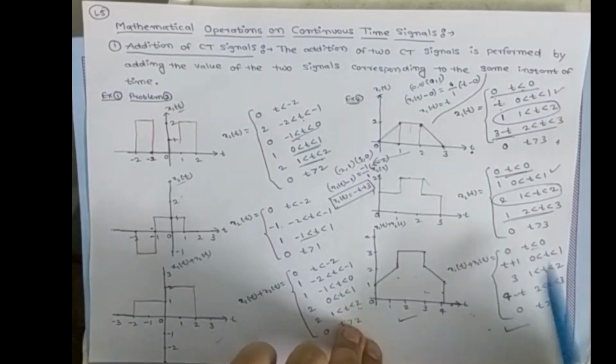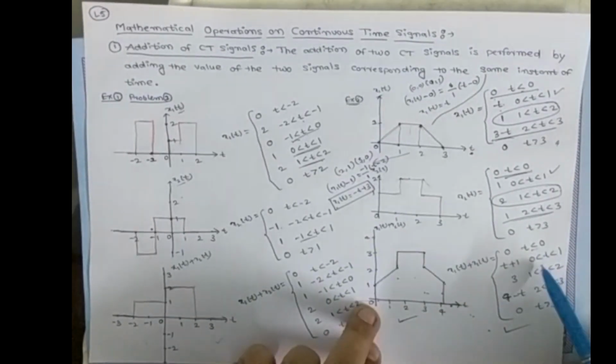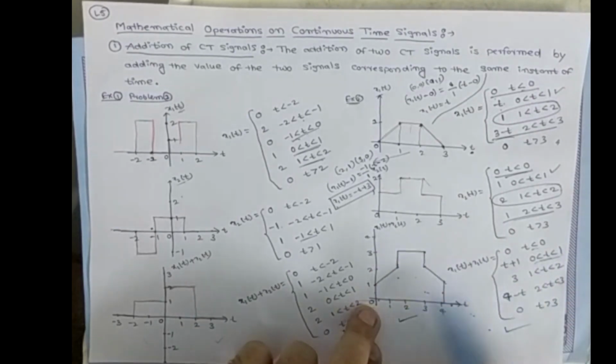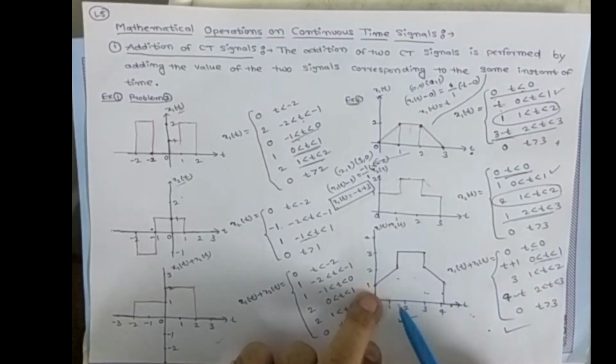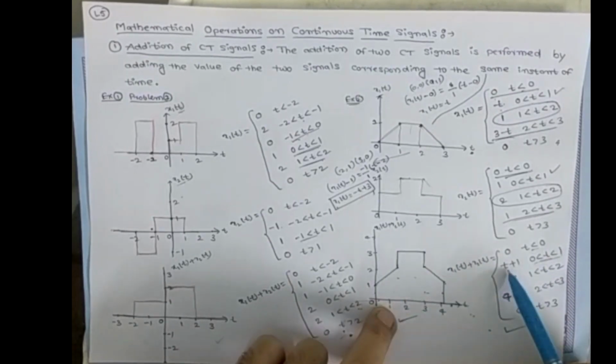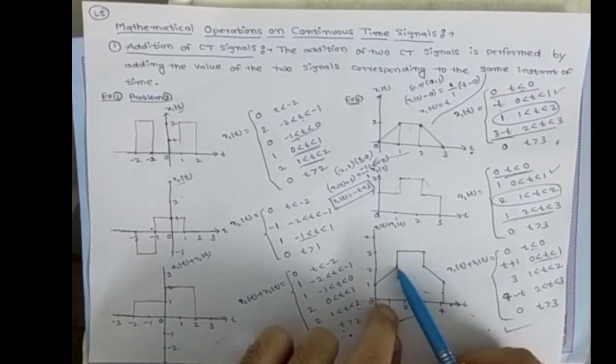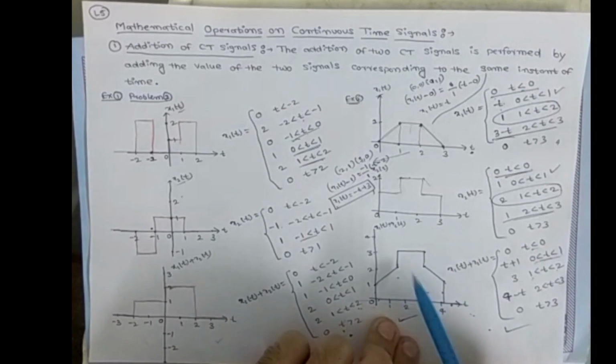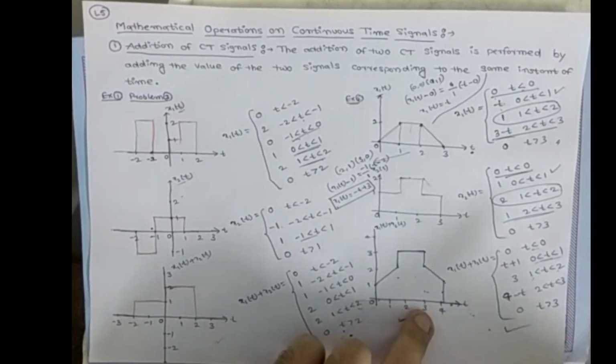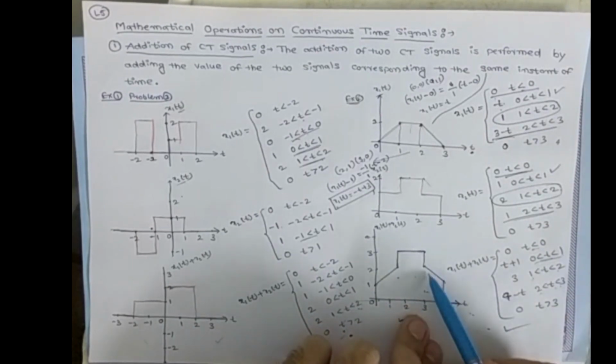So t less than 0 is 0. For 0 to 1 in between, it is t plus 1. If you take 0, it is 1. If you take 1, the equation gives 2, right? So from 1 to 2, it is 3. And from 2 to 3 it is a slope.